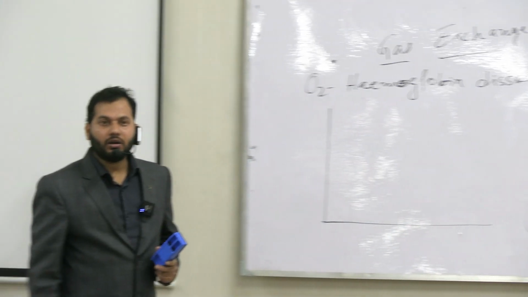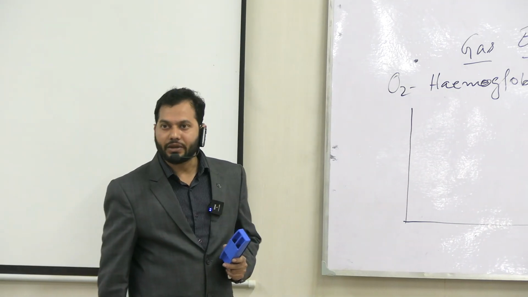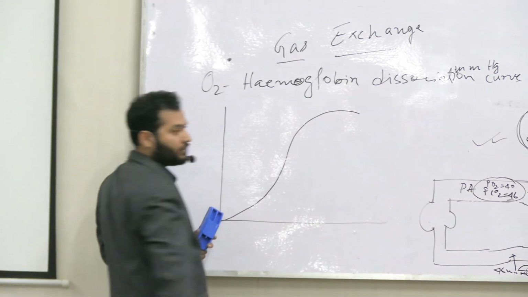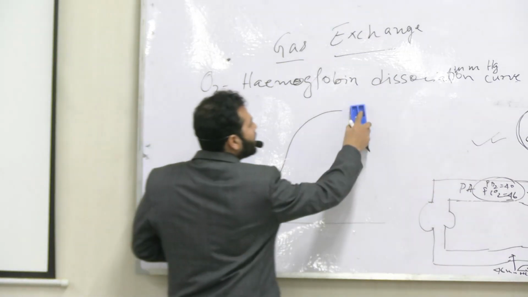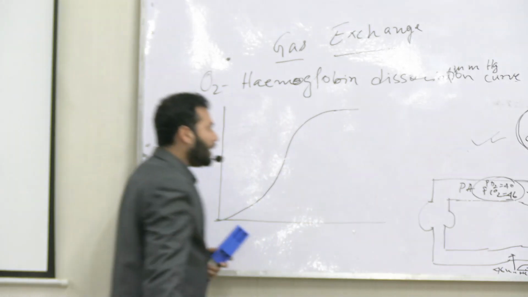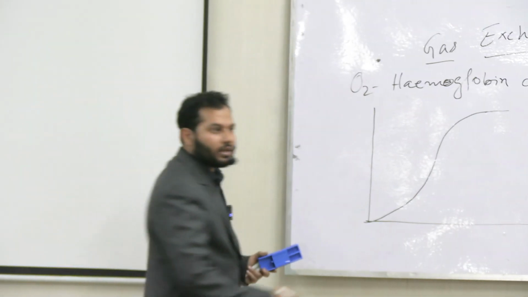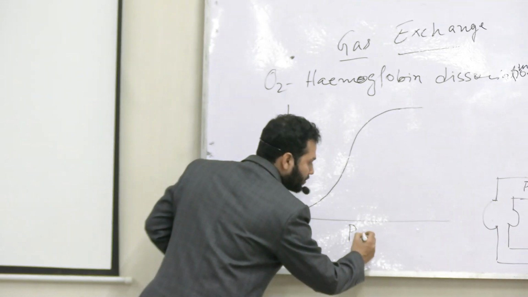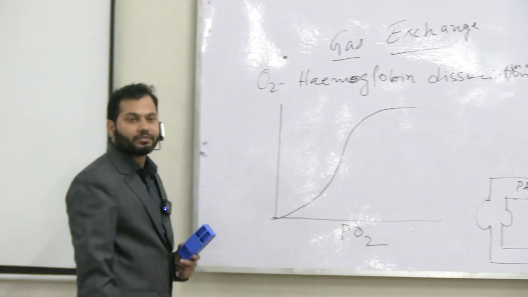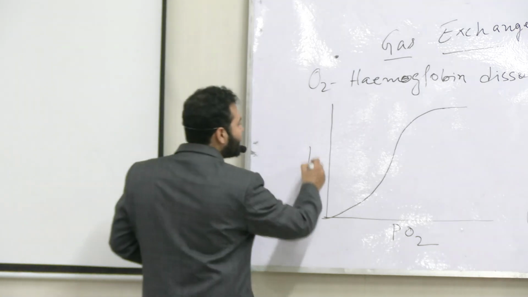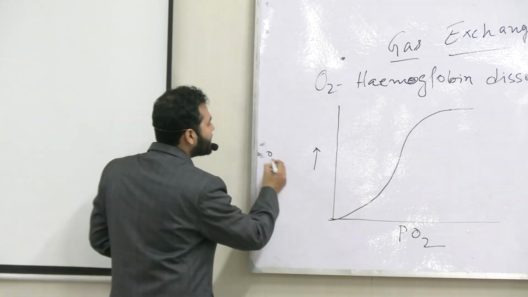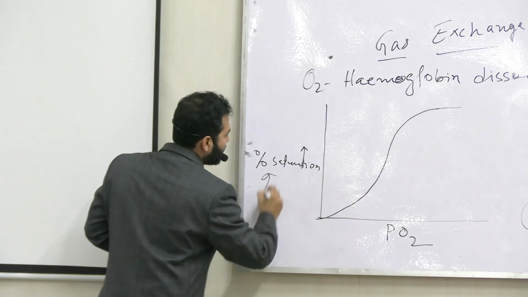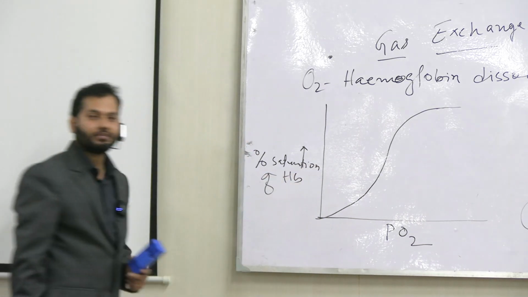If you see the normal pattern in the resting state, it is sigmoid in nature. Here, on the x-axis it is the partial pressure of oxygen, and on the y-axis it is the percent saturation of hemoglobin, right?